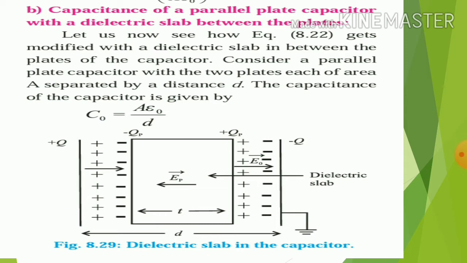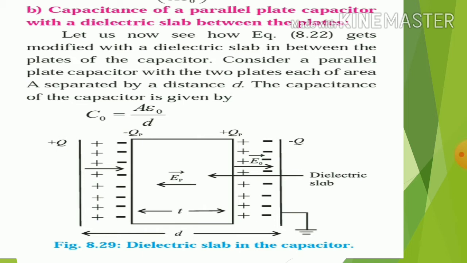Then we know that the above equation, equation 8.22, can be modified. The diagram is nothing but C0 equal to A epsilon 0 upon D. This is the equation for the capacity of a parallel plate condenser without any dielectric material substituted between the first and second plate.